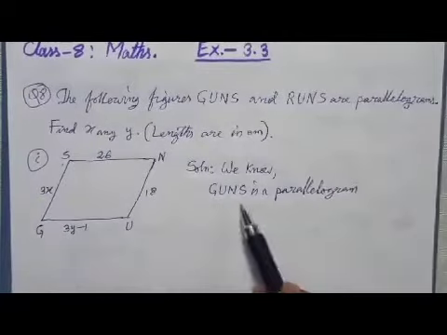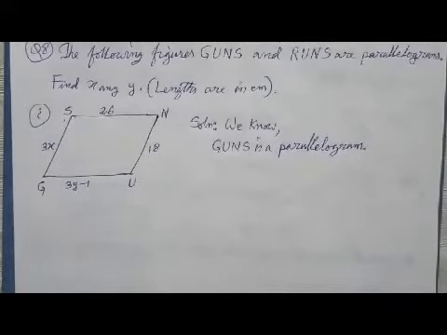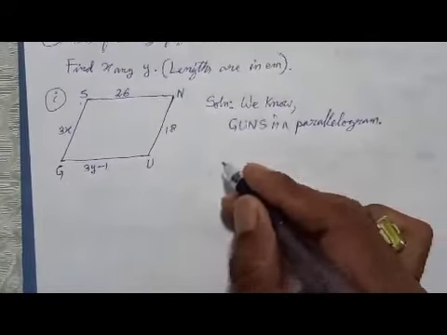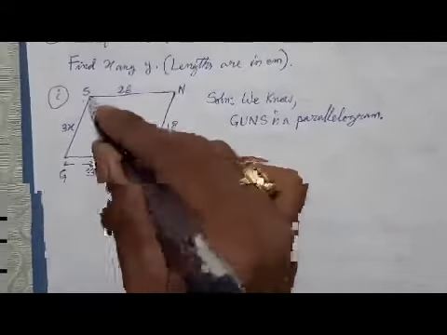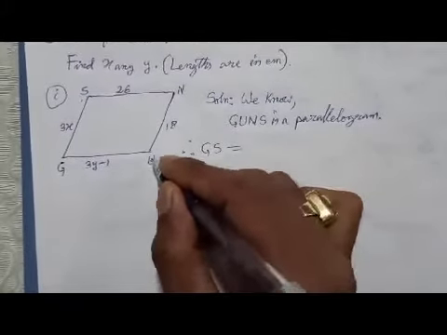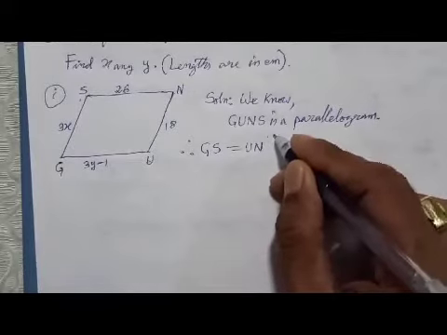So GUNS is a parallelogram. And we know that in a parallelogram, the opposite sides are equal in length. Therefore, GS side and UN side are opposite sides, so they must be equal.